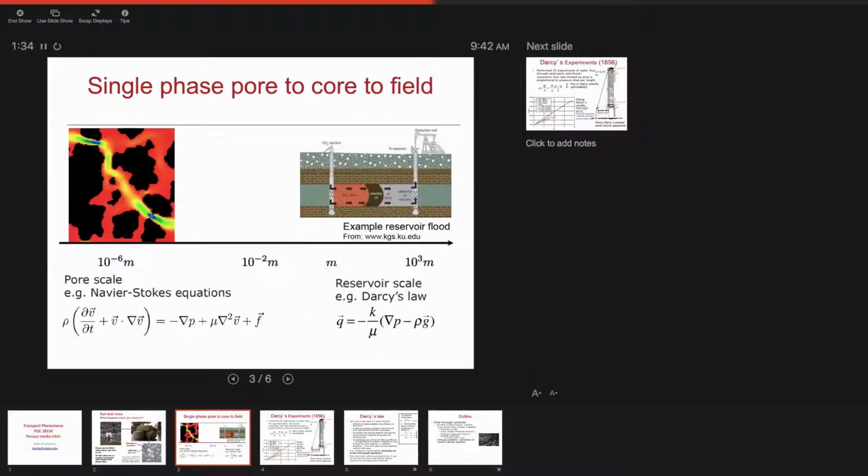Now, if you think about single phase fluid, this is the Navier-Stokes equation in the pore spaces of this rock that I'm showing, and this is actually an example of the simulation. What you're seeing is just the magnitude of the velocity. And what I also see in there is the development of a preferential flow path. This is something very specific to porous media.